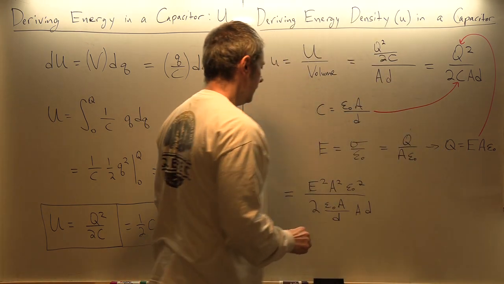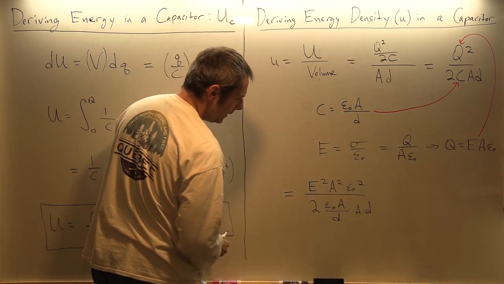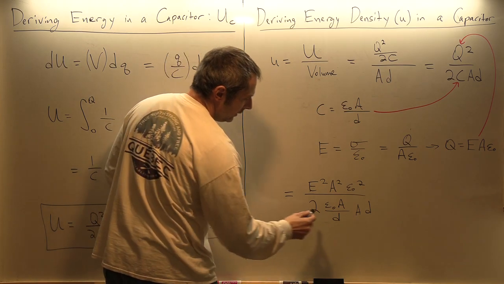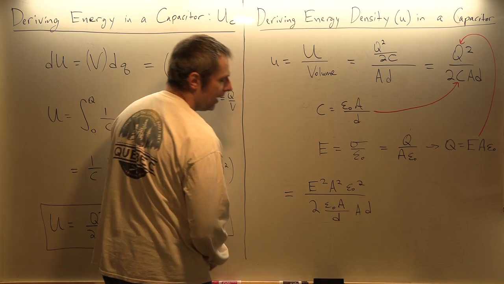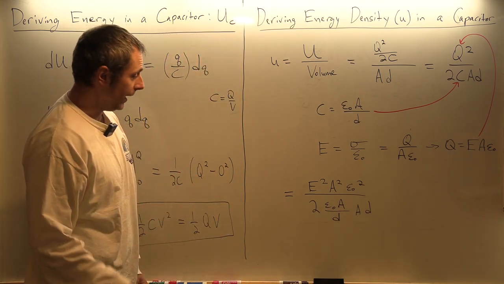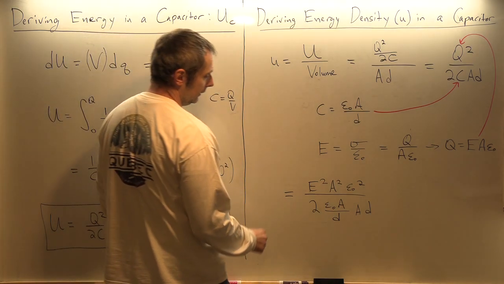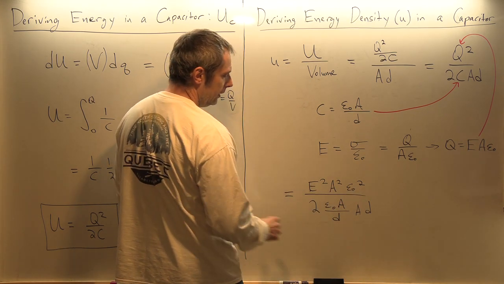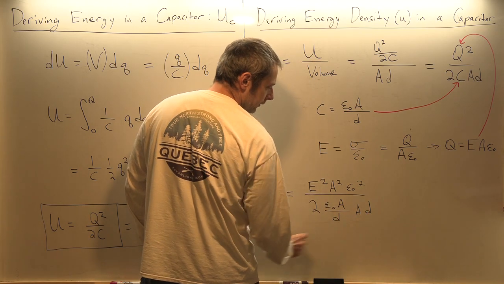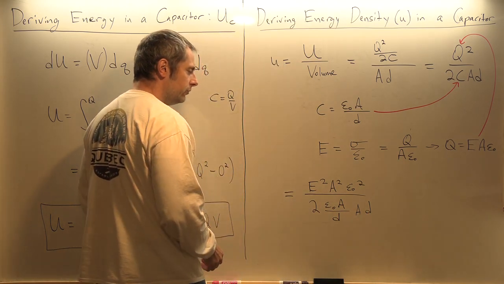Well, if you look carefully, you'll be able to see that this A squared is canceled by this A and this A in the denominator. So all A drops out of the formula. One of the epsilon zeros here cancels one of the epsilon zeros here. This D cancels all the D's. So all the A's, all the D's drop out.